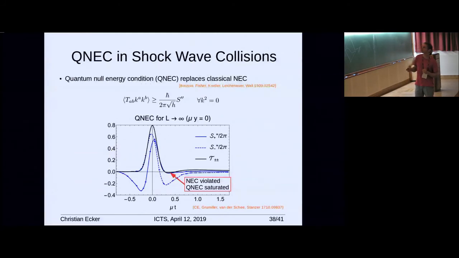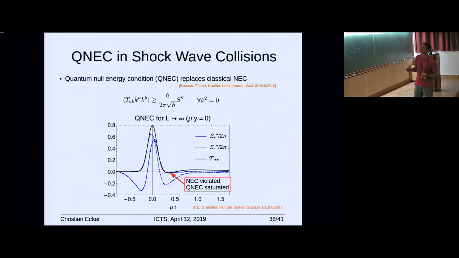On this plot, I show you the left-hand side of this quantum null energy condition, which is this projection, the black line. The violation of the quantum null energy condition would mean that the right-hand side is bigger than this black line. So these are the derivatives of the entanglement entropy in this one direction and this other direction.